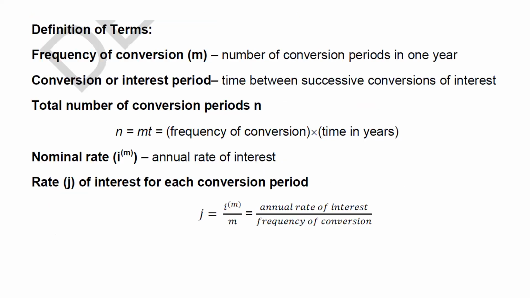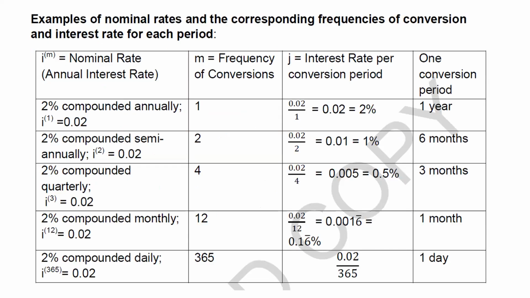When we say semi-annually, that is 2 times in 1 year. So when we say 2 times in 1 year, your conversion period there is every 6 months.